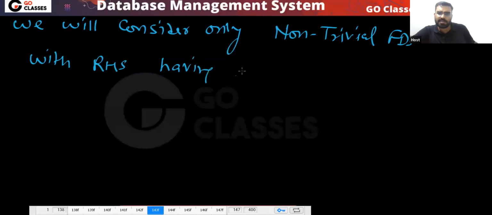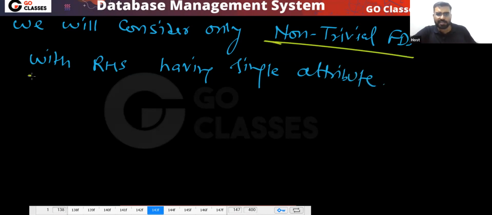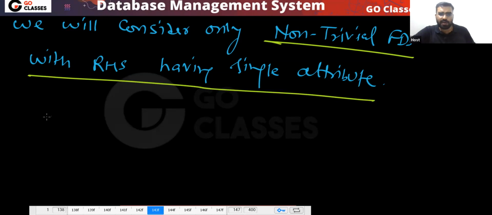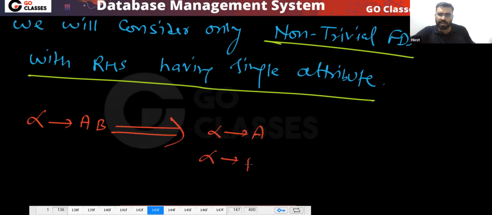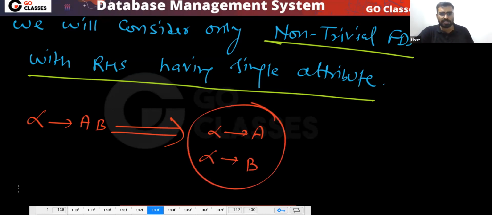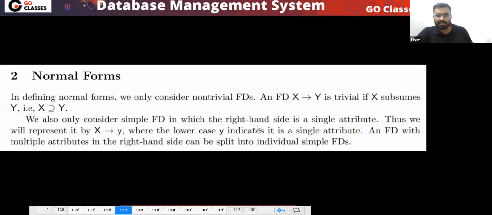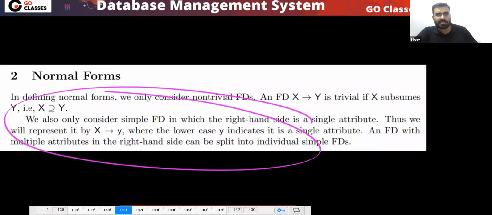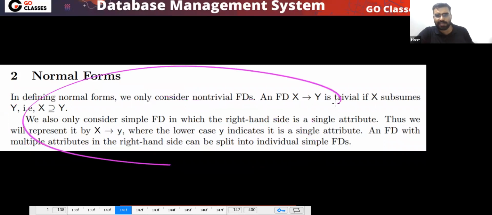So we will consider non-trivial FDs with a single attribute on the RHS. If the RHS does not contain a single attribute, then we will split: alpha goes to A, alpha goes to B. Okay, so this is the idea.